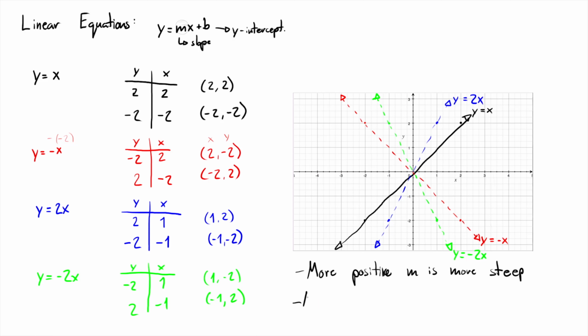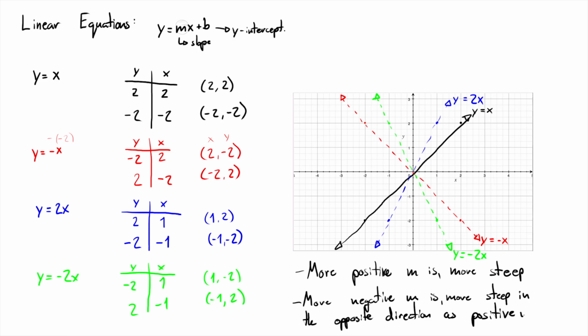Okay, and I can also say that the more negative m is, well, that means less steep, or rather more steep in the opposite direction as positive m. It's not less steep because technically this y equals -2x is more steep than y equals x. It's just more steep in the other direction.